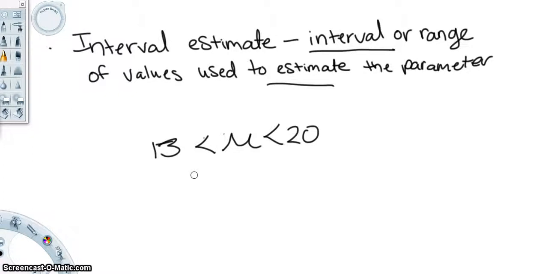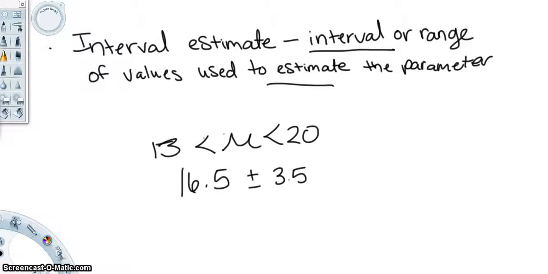as 13 and 20 together gives us 33, so we'll go with 16.5 plus or minus 3.5 years old.